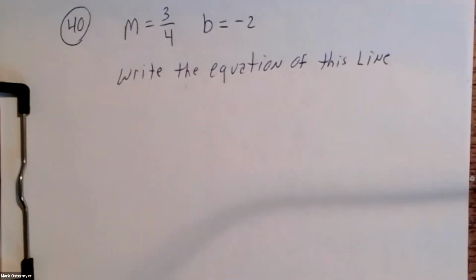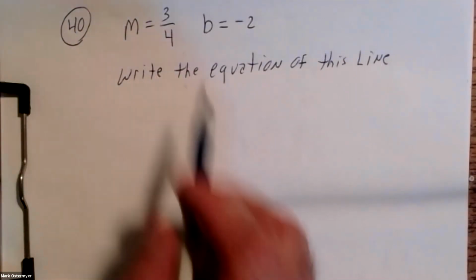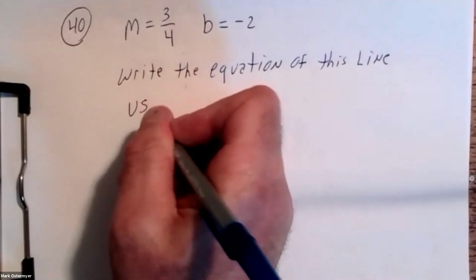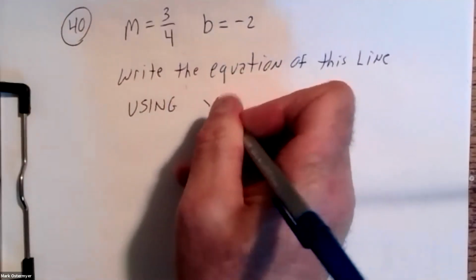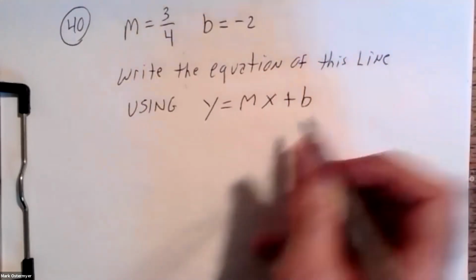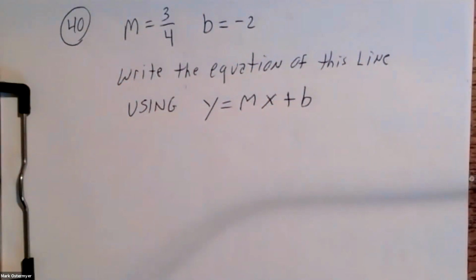I know its slope and y-intercept, so I can write the equation of the line. What form do we call this? Slope-intercept. I'm going to use the slope-intercept form now to write the equation of my line.